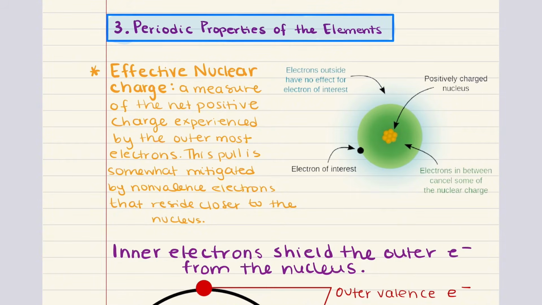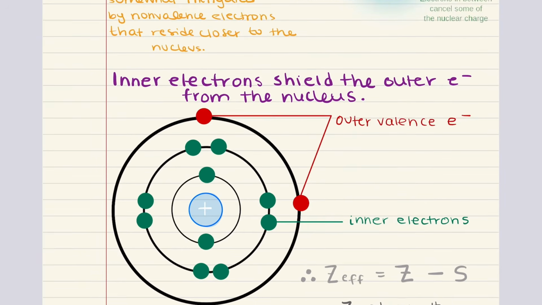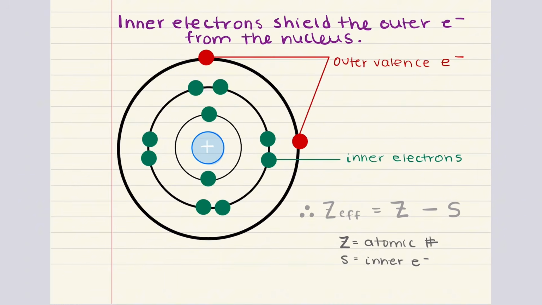And so the effective nuclear charge is essentially the actual nuclear charge, so we can think about it as the number of protons minus the shielding effect of the inner electrons. All right, let me repeat that. That's really important. If you have outer valence electrons, they can feel the pull of the protons from the nucleus.